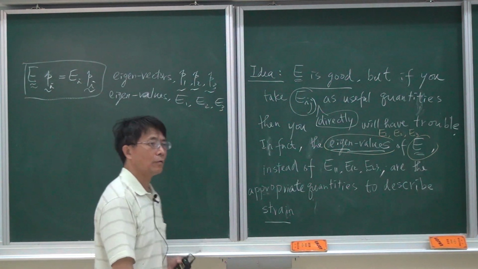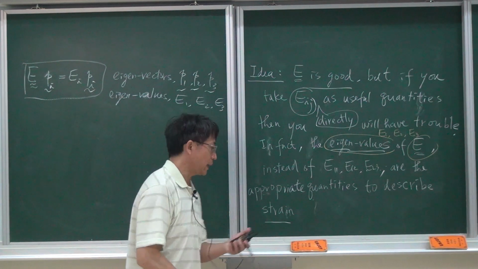Understand? We have three eigenvalues and three eigenvectors.